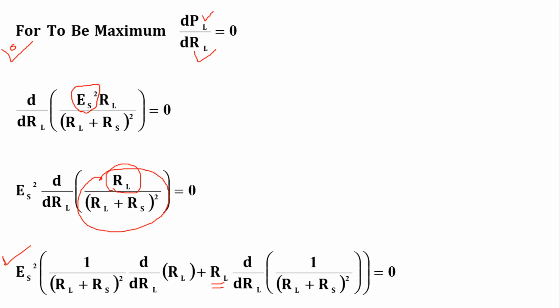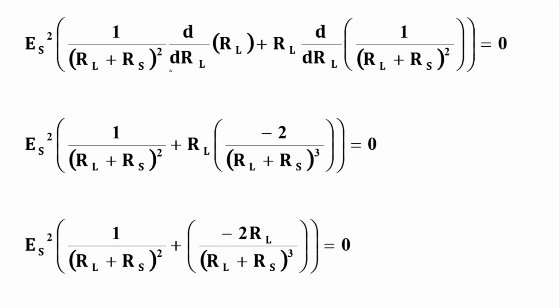So this will look like ES square times 1 upon RL plus RS whole square dRL by dRL, plus RL times the differentiation of 1 upon RL plus RS whole square, all equal to 0.